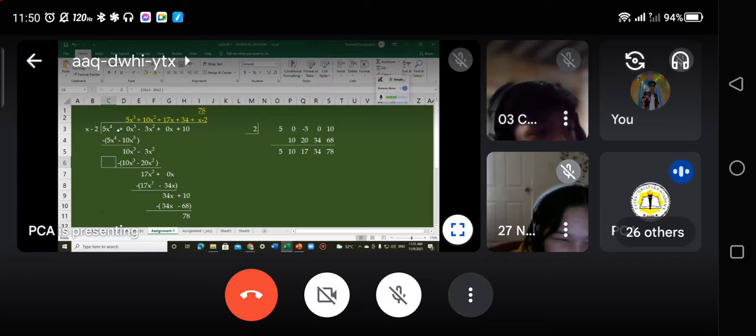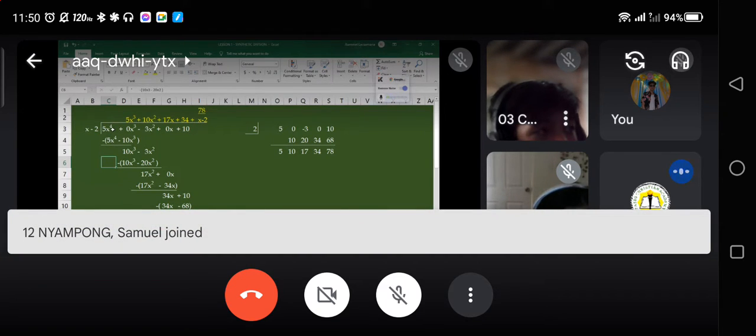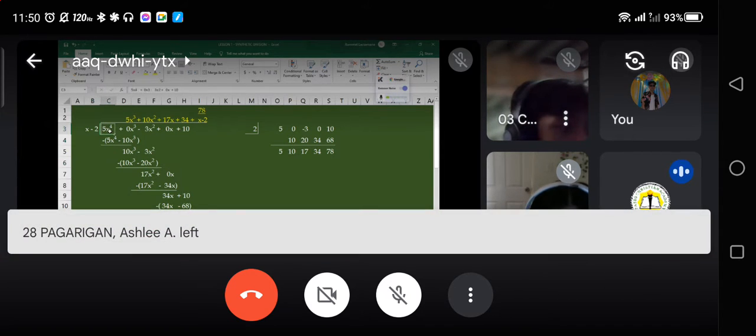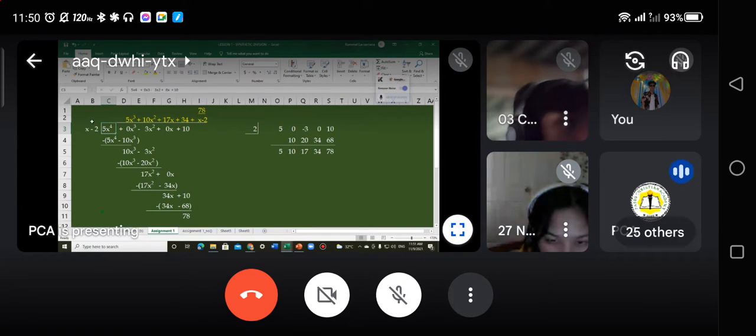So sabi ni Aliyah, 5x to the fourth divided by the x of the divisor, x minus 2. So 5x raised to the 4 divided by the x of the x minus 2, the divisor, no?